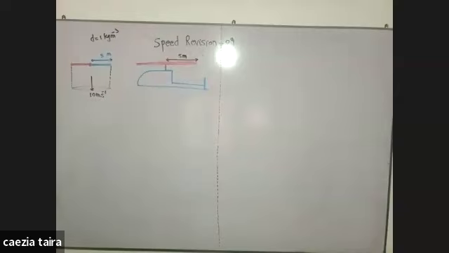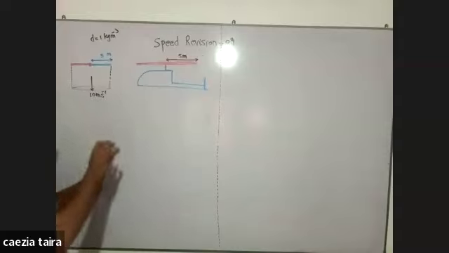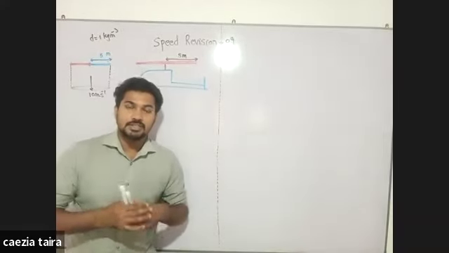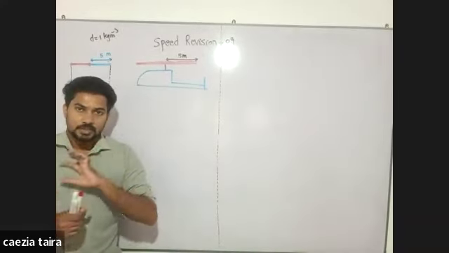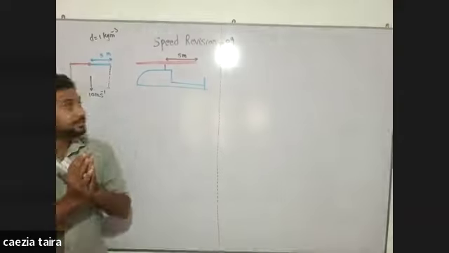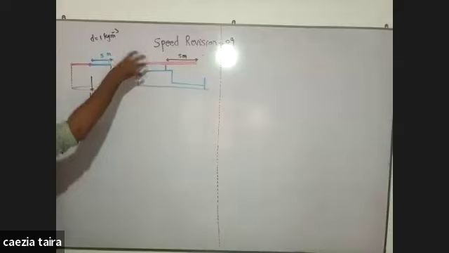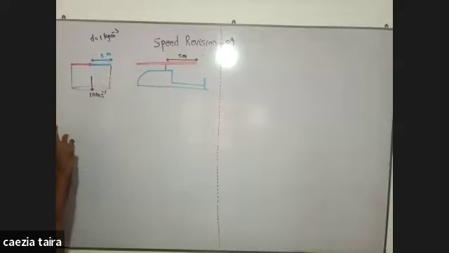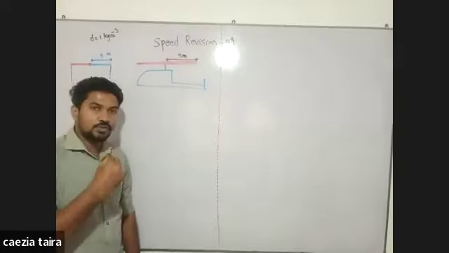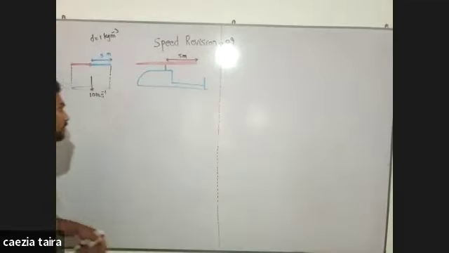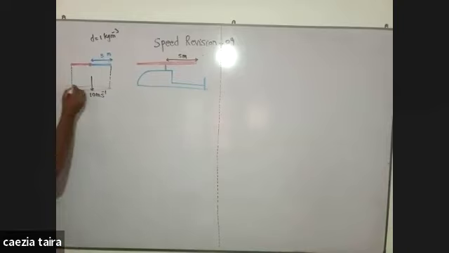Okay, the first one, find the surface area which is covered by the rotor, right? So now you should have an idea that when this blade is rotating, it is performing in a circular way, right? So if you want to find the cross-sectional area, you have to find the area of this circle, right?